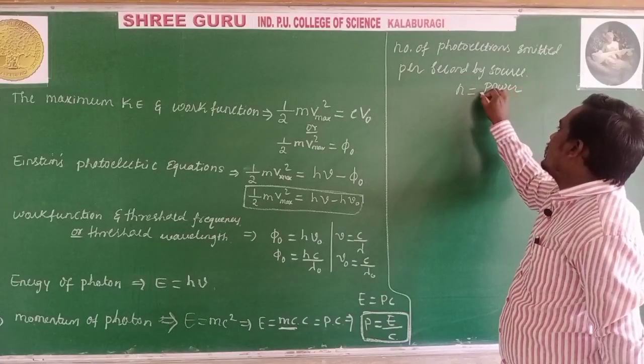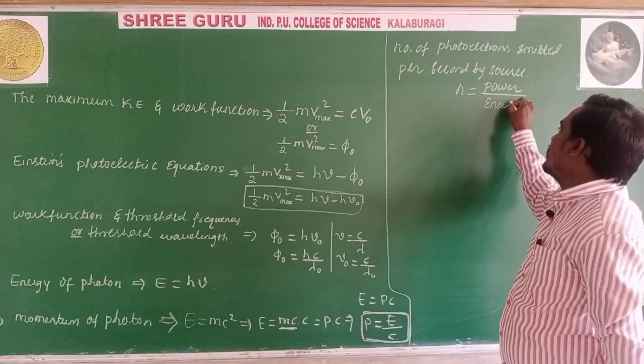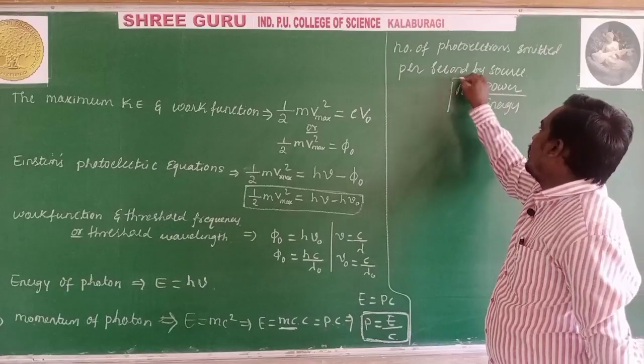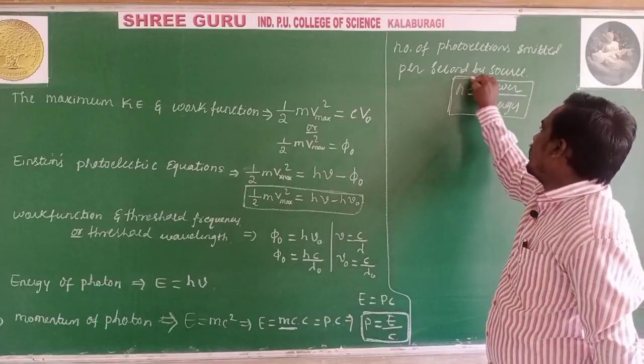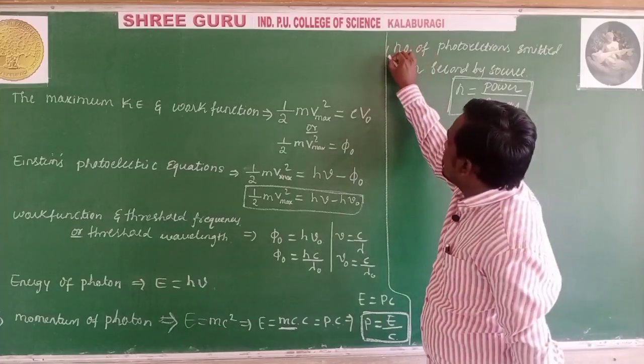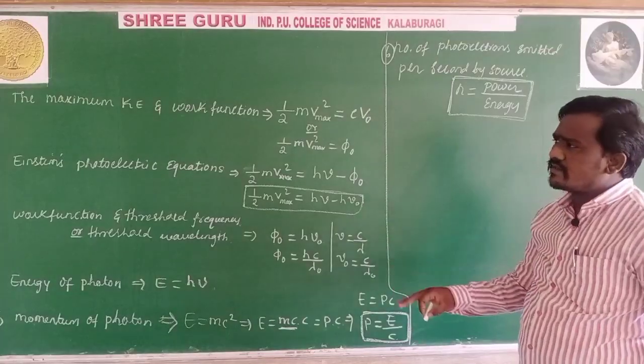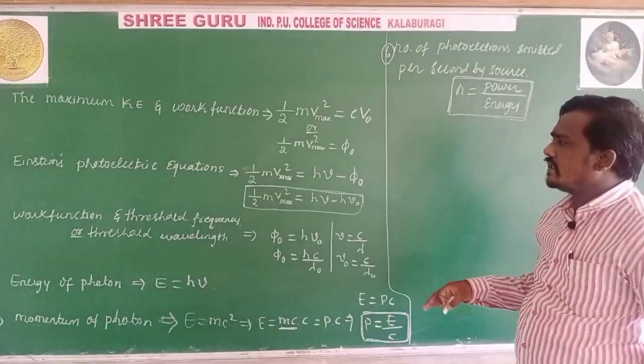We discussed this in the first part: it is power by energy. That gives the number of electrons emitted. Just consider this the sixth one, and these are the things we use in the numericals.